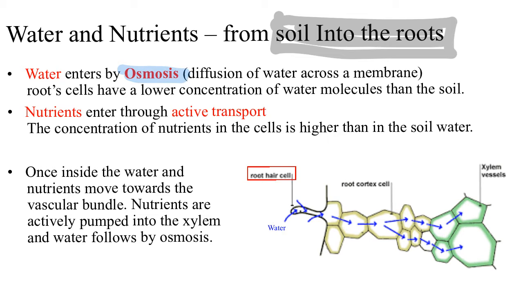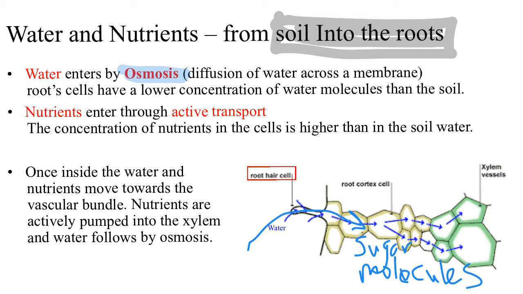And so water is going to be forced to enter the roots because there's a lot of sugars and molecules in the roots that don't really exist in the soil. And so that draws the water via osmosis into the roots, which is very good. That's what the plant wants.